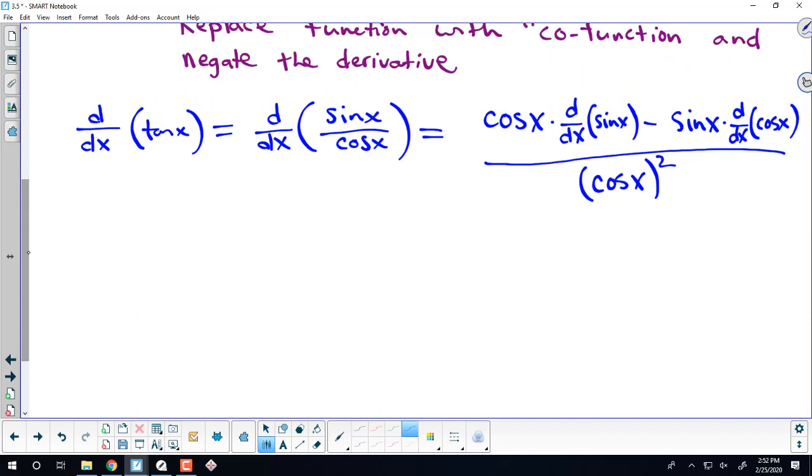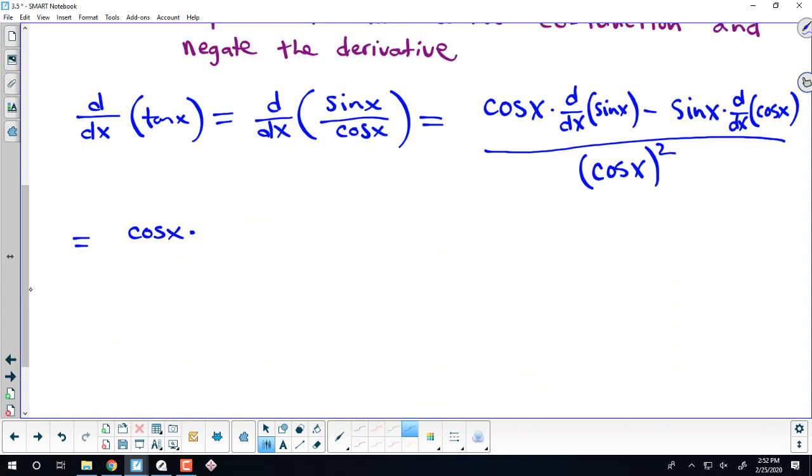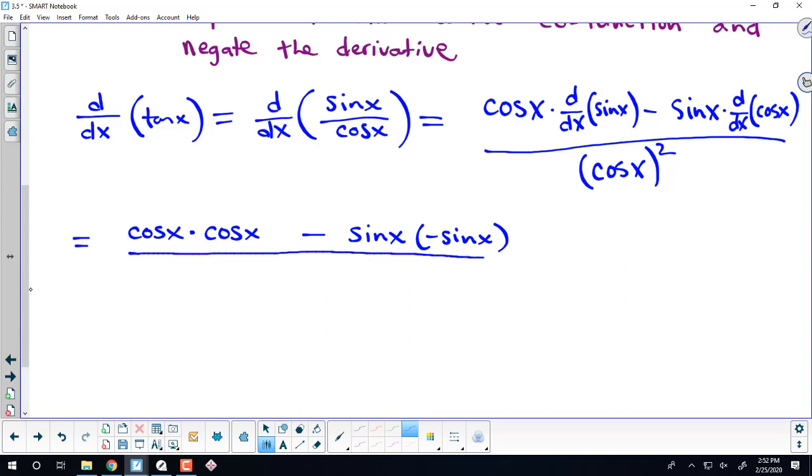Okay, so we have cosine times the derivative of sine. Derivative of sine is cosine. Minus sine times the derivative of cosine, which is minus sine, all over cosine squared.